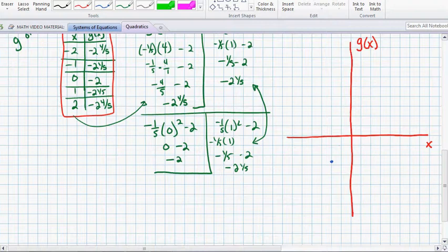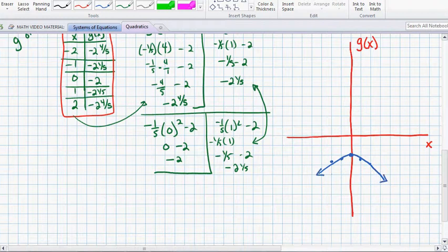So I'm going to go left 1 and then down 2 and just a little bit past 2. 0, -2, so 0, -2. And then 1, -2 1/5. 2, -2 and 4/5. So here's my sketch of my parabola.